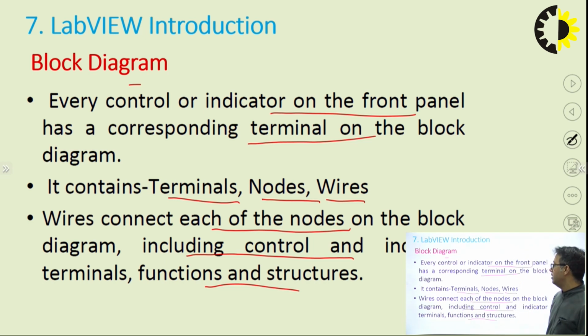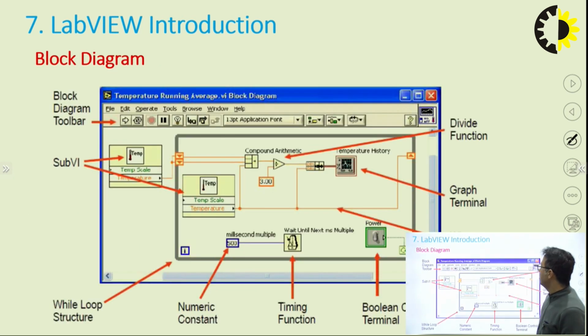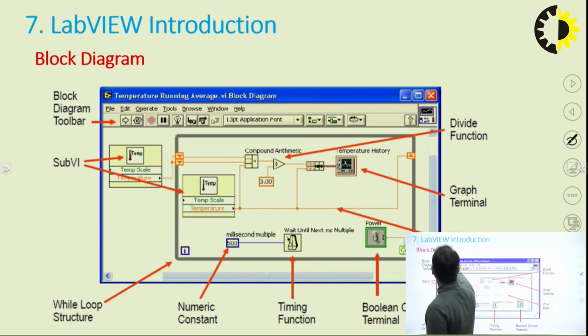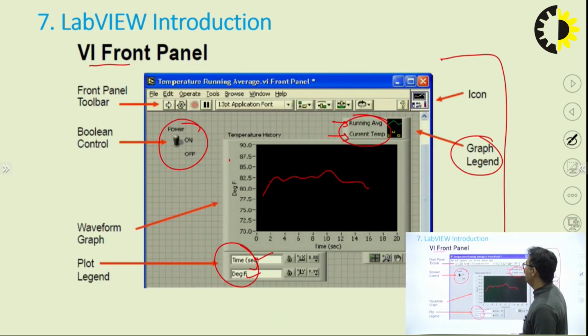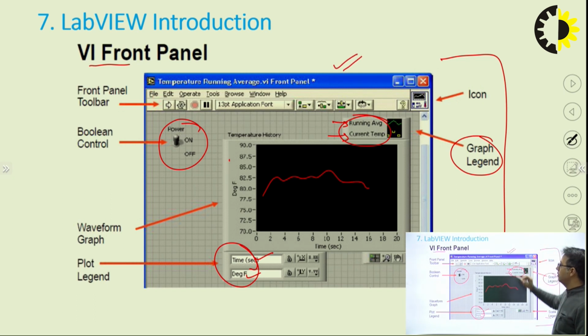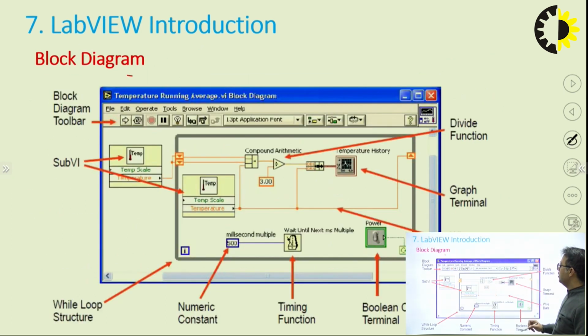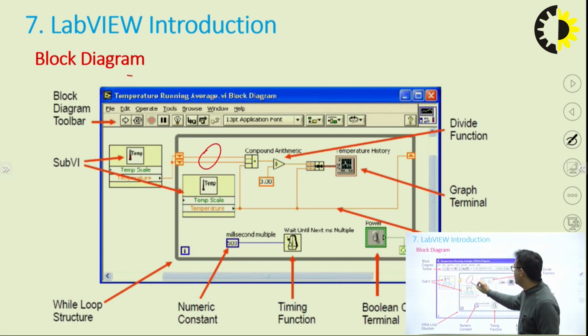So whatever is available on the front panel, everything is joined together by using wires. So this is an example of a block diagram. How does it look on LabVIEW? This is the block diagram of that temperature display. This is its block window. So here these are wires.